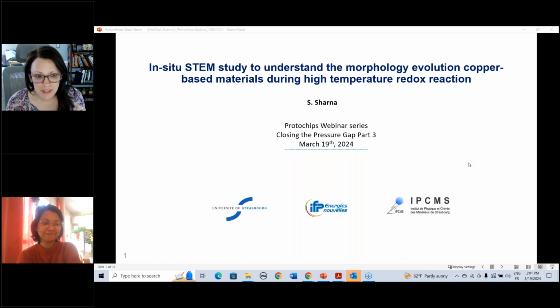Because catalyst materials are typically in nanoparticle form, the TEM is really an ideal characterization tool with its powerful resolving capabilities, but the characterization of static materials before and after the reaction does not necessarily lend enough insight into the mechanisms that lead to, let's say, operational changes in the catalyst over time, where it degrades and starts losing activity, as an example.